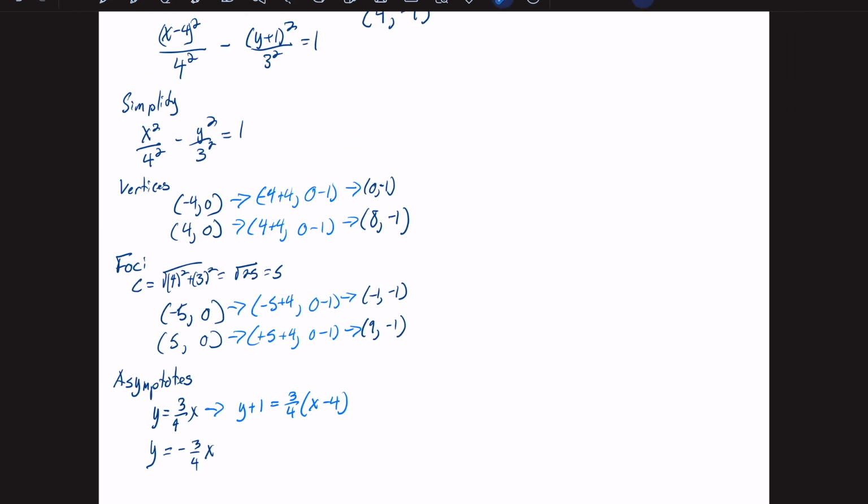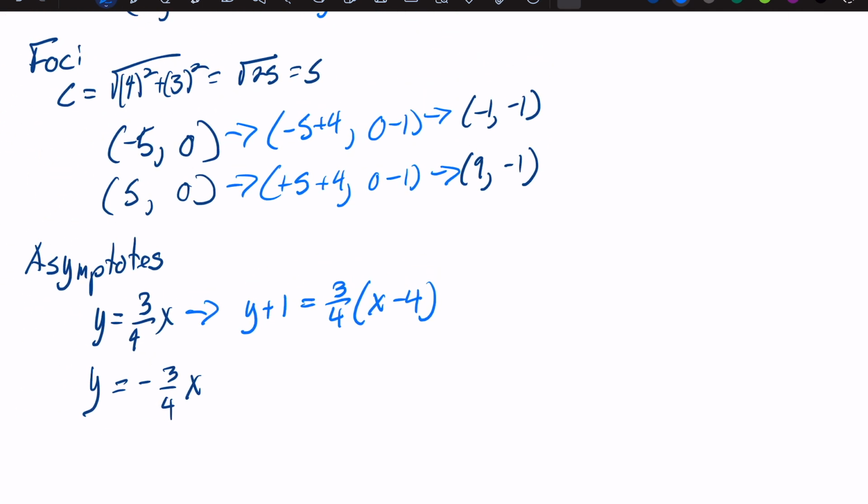Basically we're going to take these and place them in where we see y and x for our asymptotes. So let's go ahead and do that. And here, again, we'll do y plus 1 is equal to minus 3/4 x minus 4.